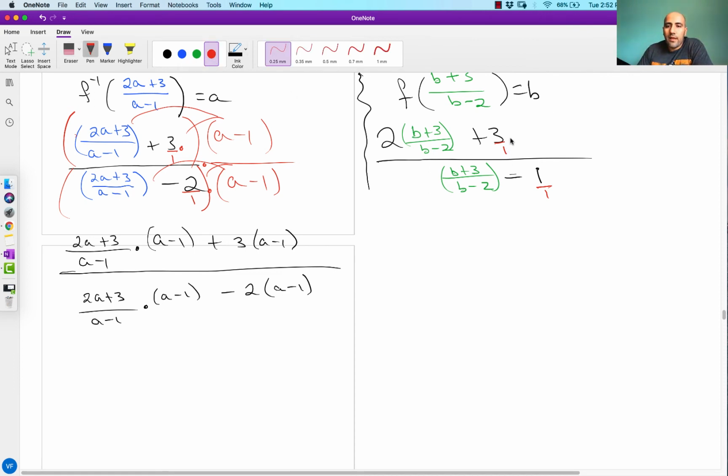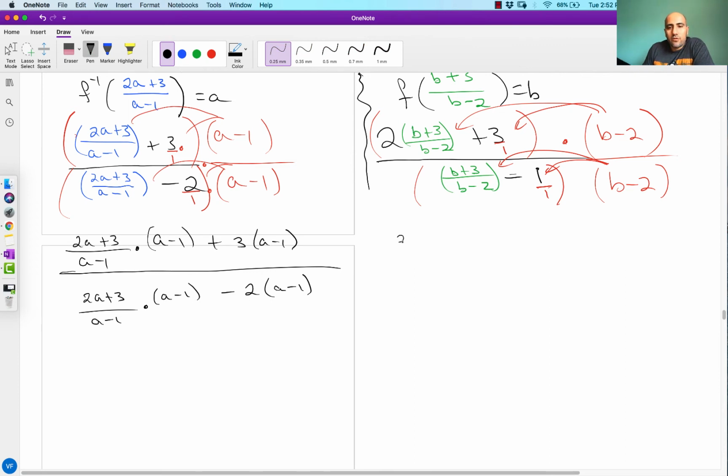And then over here, let's do this one. Likewise, I'm going to multiply this giant numerator by b minus 2 divided by b minus 2. That's another version of 1. I'm going to have to distribute. So it'll be this times this times that, and distribute here, which will be this times this, and this times that.